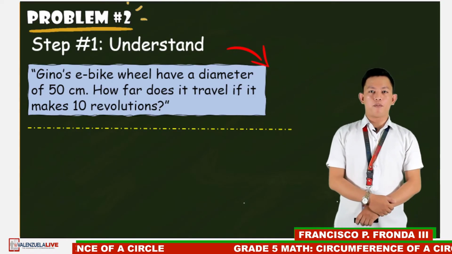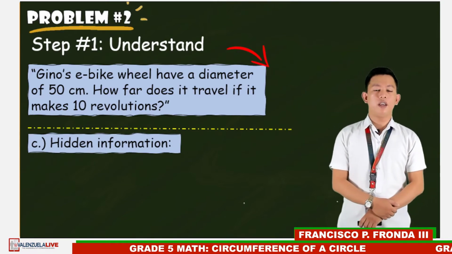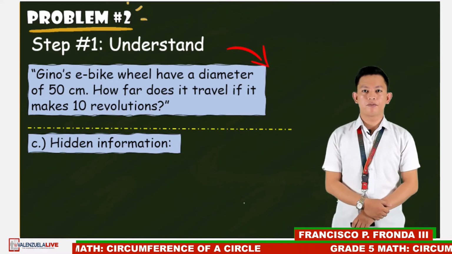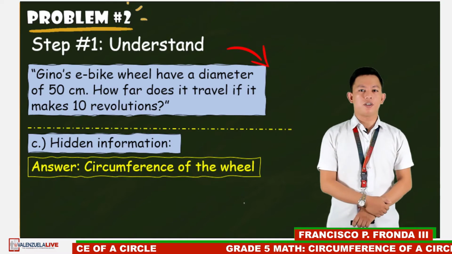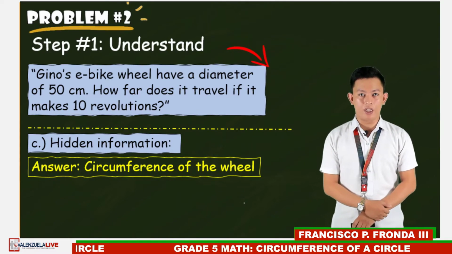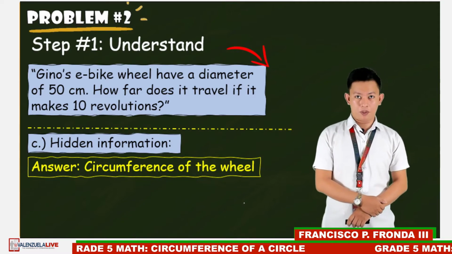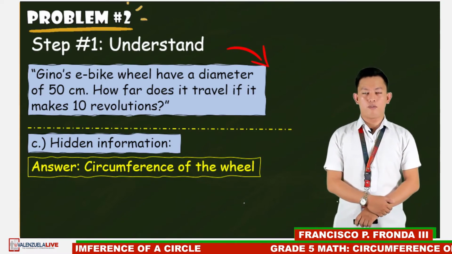Now, step number 1 again. So, what would be the hidden information, grade 5 learners? Correct. The hidden information is the circumference of the wheel. So, we're going to find first the circumference of the wheel in order to find the distance of 10 revolutions.